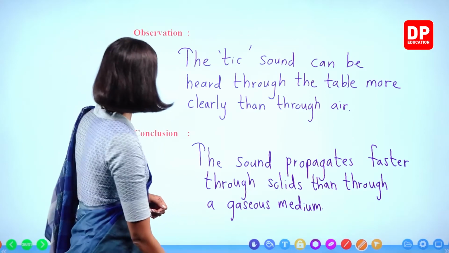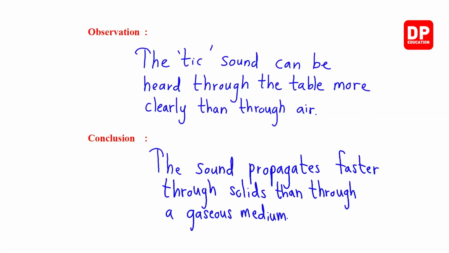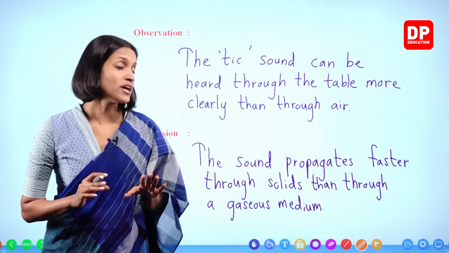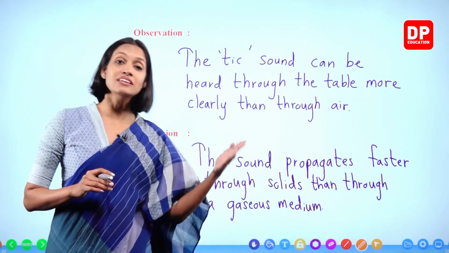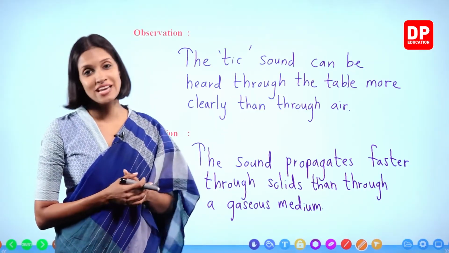Right, children? The sound propagates or travels faster through solids than through a gaseous medium. This is the conclusion. So now we know that the sound travels better in liquids and solids than in gases after doing all these activities.